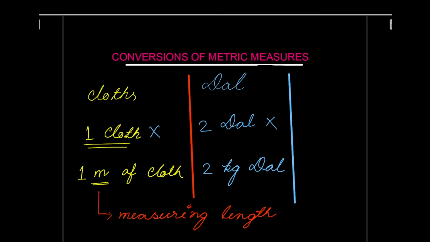Or suppose you have to buy milk. So can you say like that, please give me 1 milk? Is it proper? No. So how you have to say, please give me 1 liter milk?